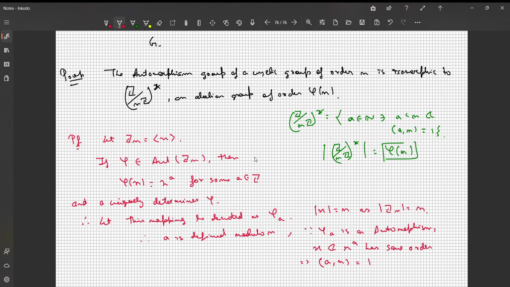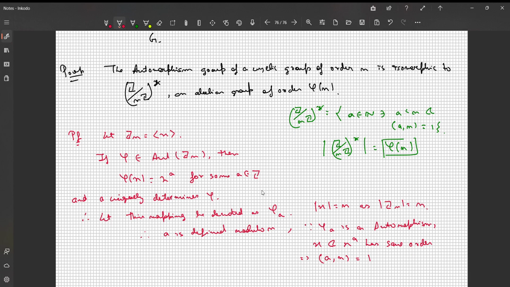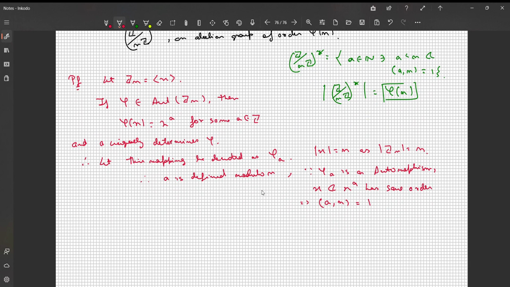So what we have shown, basically, is that if you consider any automorphism psi, then with respect to psi we can produce an integer a, or typically an element x to the power a in Z mod nZ star, because these exponents a are all modulo n.